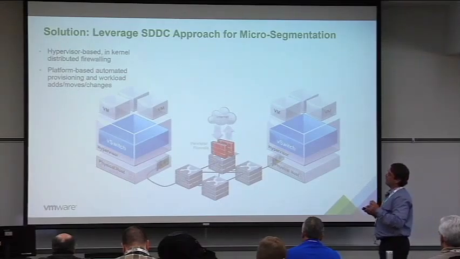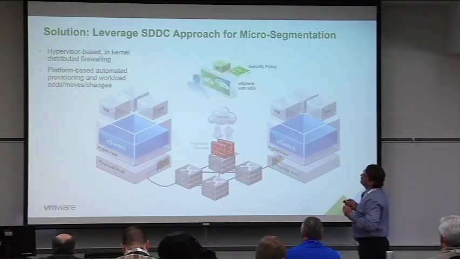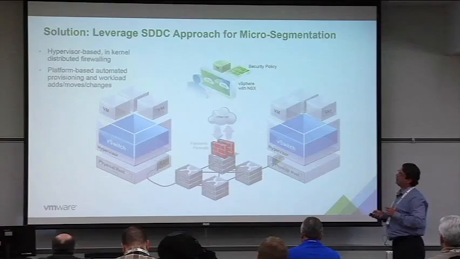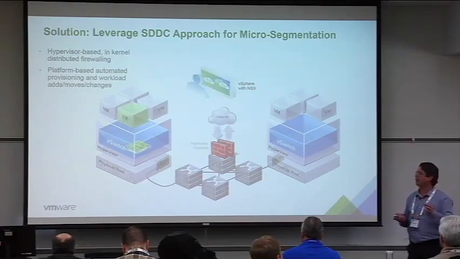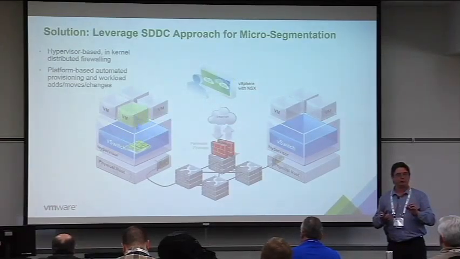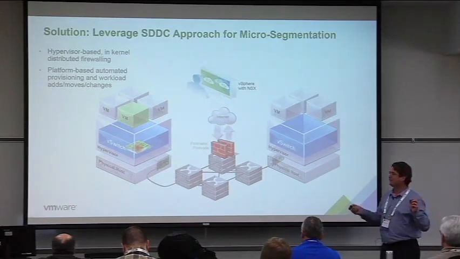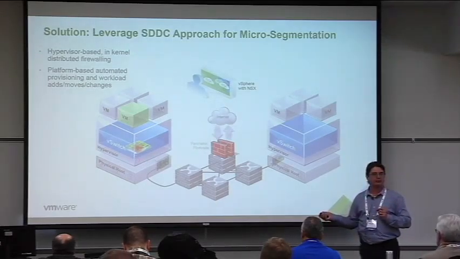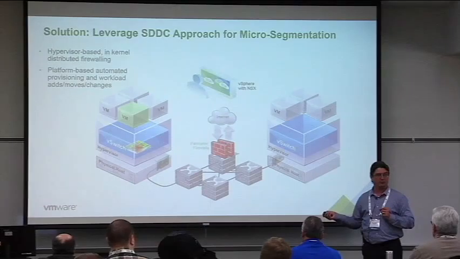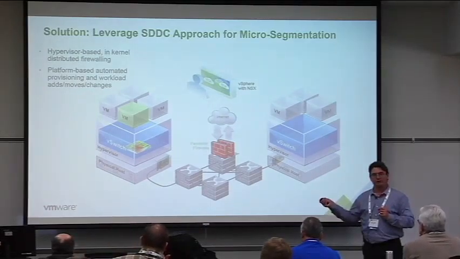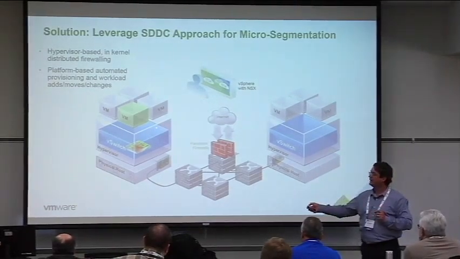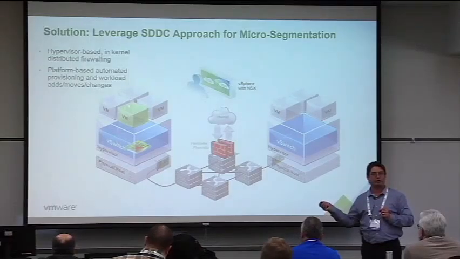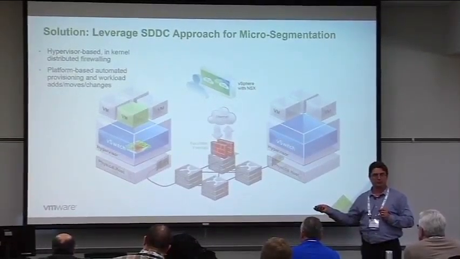In this model, where NSX is introduced, the security policy is now part of the virtual machine, so it gets deployed with the VM. When the VM now sends a packet, it's filtered right here on the box. It never touches the physical wire. Because the firewall rules exist, they're programmed centrally, but they exist on every single ESX host in my environment. Good?